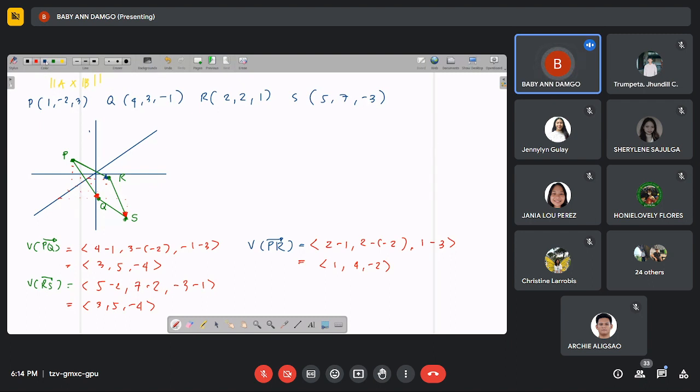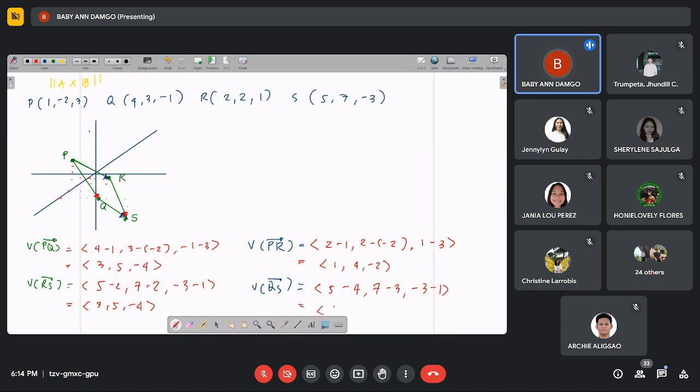Then last, we have the vector QS. So the vector QS is equal to 5 minus 4, and then 7 minus 3, negative 3 minus 1.